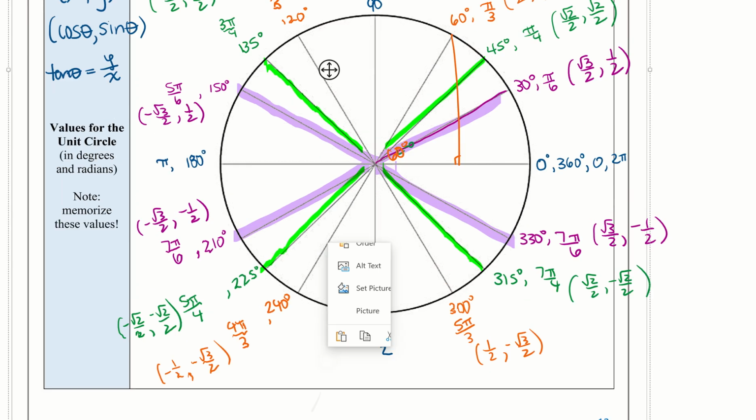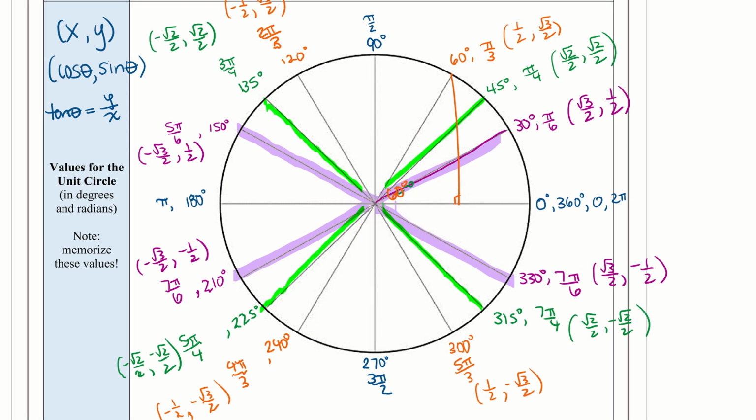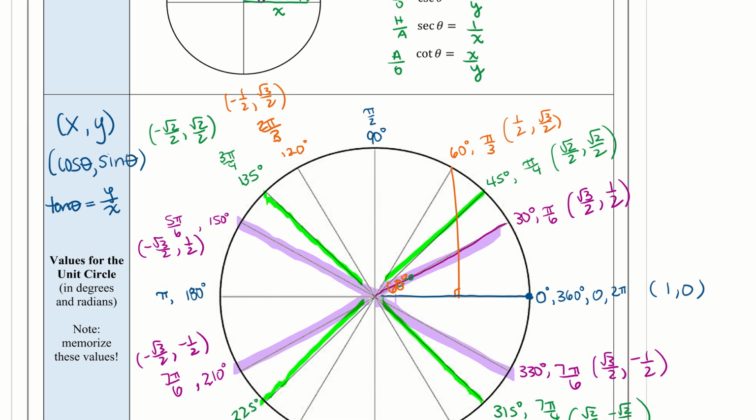And then finally, the ones that are on the axes. Keep in mind that this is a unit circle. The radius is 1. So we moved to the right 1 and not up at all. So for the 0 degree angle or the 0 radian angle, it's 1, 0, cosine coming first. At pi over 2, we didn't move right or left, but we did move up 1 unit.